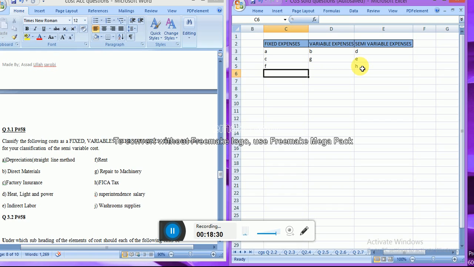Superintendent's salary. A superintendent is a person who supervises the work in the factory or in the office. So look at, salary is always fixed.